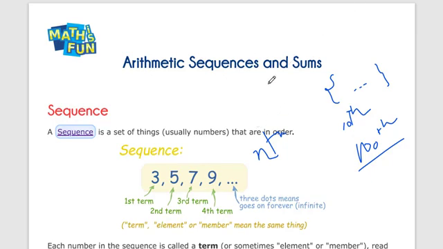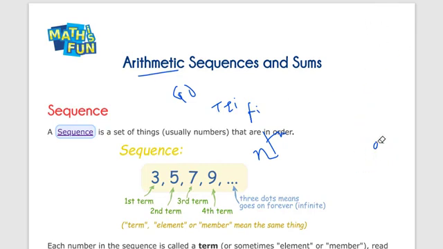Then we talked about some special types of sequence, like arithmetic sequence, geometric sequence, triangle sequence, Fibonacci sequence, then square numbers and cube numbers. So now in today's lecture we will discuss arithmetic sequence.